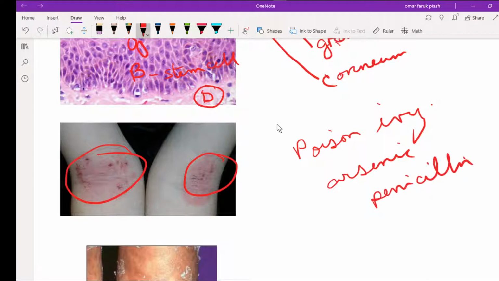If it is the same presentation and you get this kind of history, it is contact dermatitis.